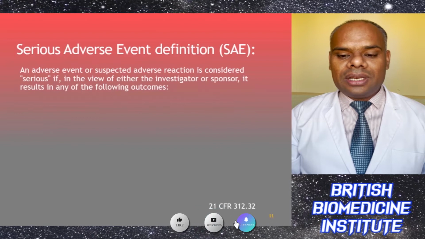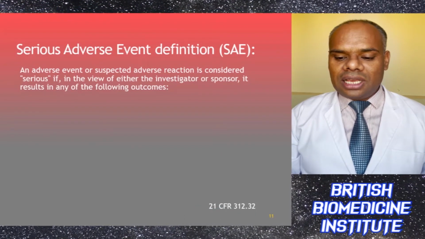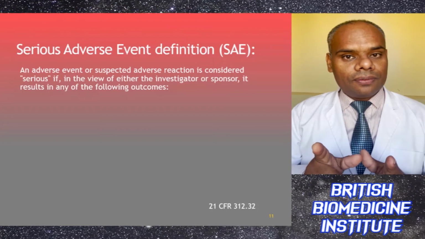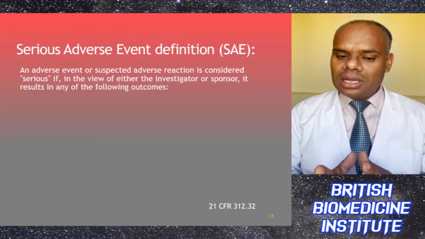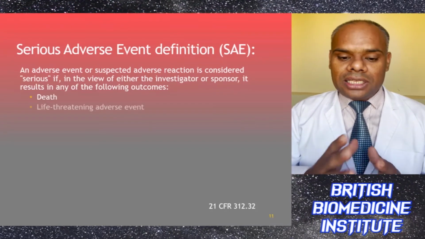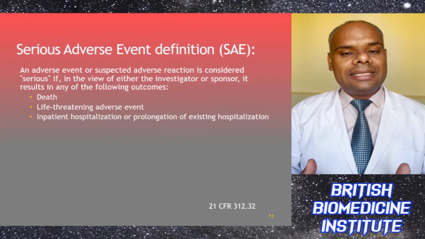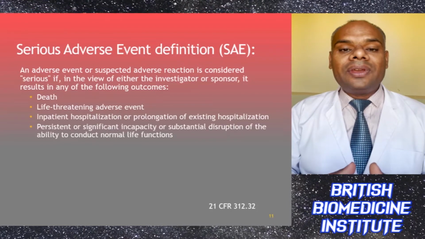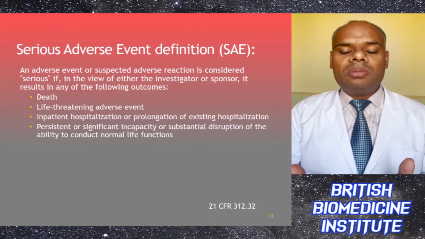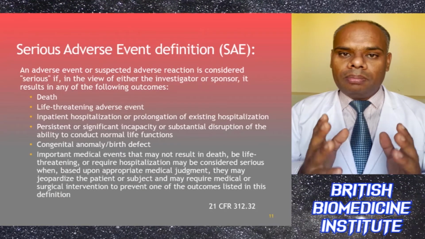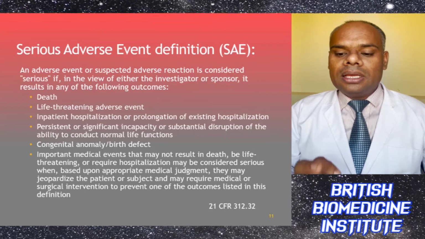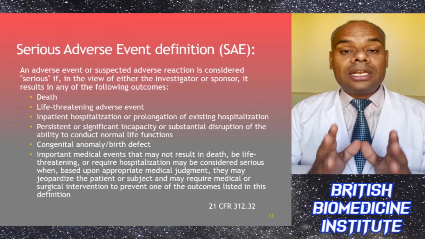Serious adverse event, SAE. The basic definition, in accordance with 21 CFR 312.32, is that an adverse event or suspected adverse reaction is considered serious if, in the view of either the investigator or the sponsor, it results in any of the following outcomes: A, death; B, life-threatening adverse event; C, inpatient hospitalization or prolongation of existing hospitalization; D, persistent or significant incapacity or substantial disruption of the ability to conduct normal life functions; E, congenital anomaly or birth defect; F, important medical event that may not result in death, be life-threatening, or require hospitalization may be considered serious only when based upon appropriate medical judgment.